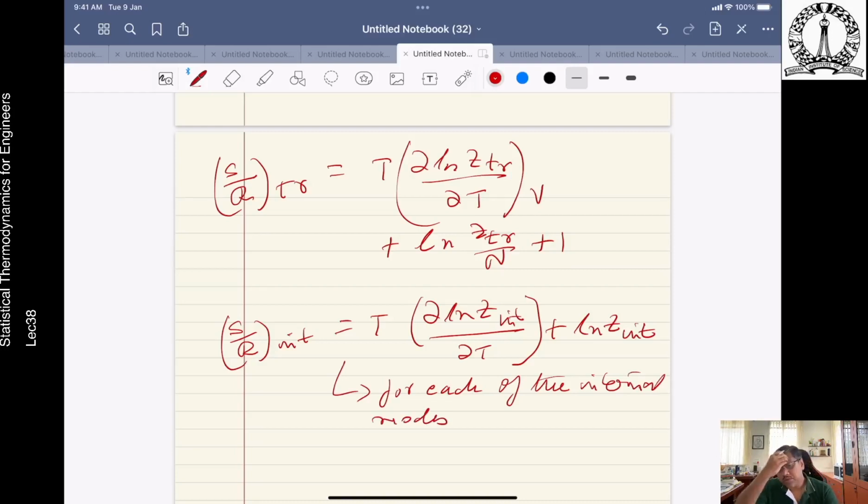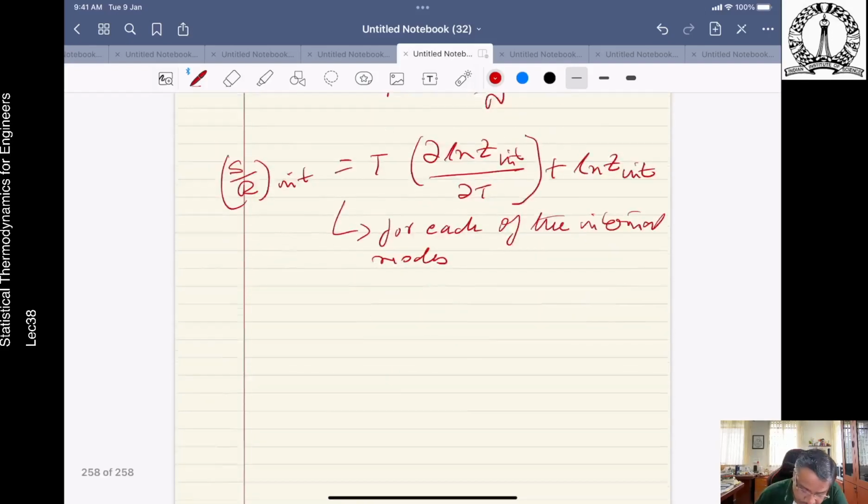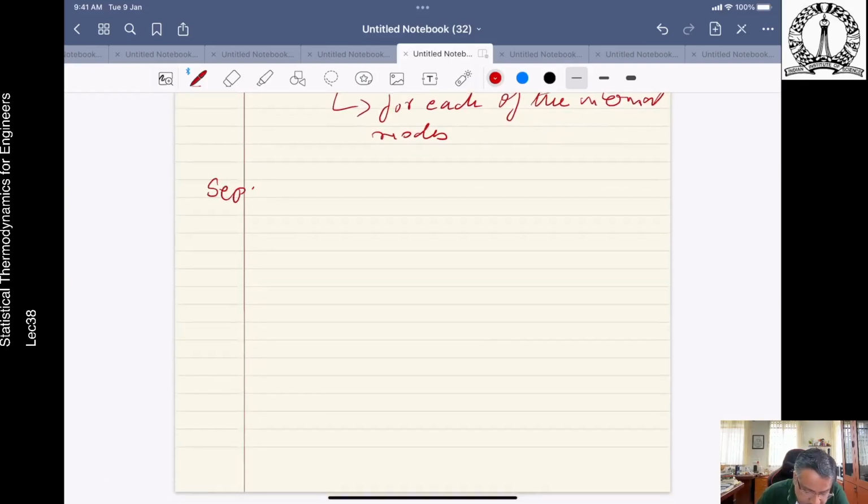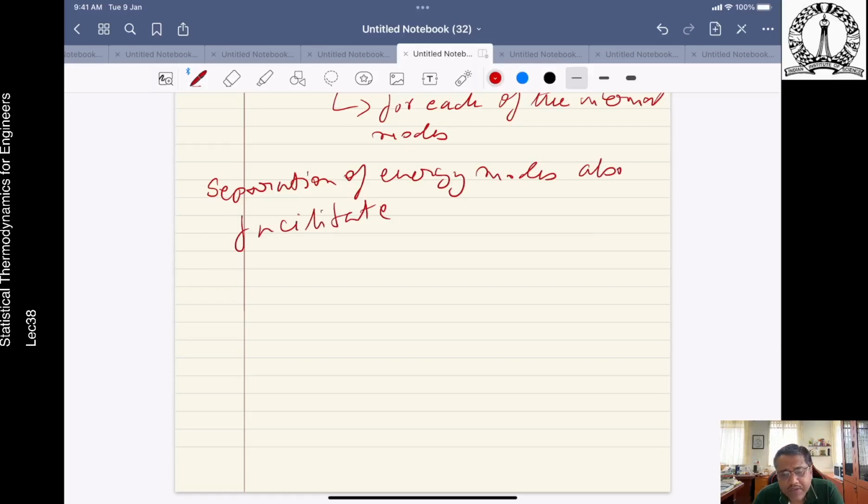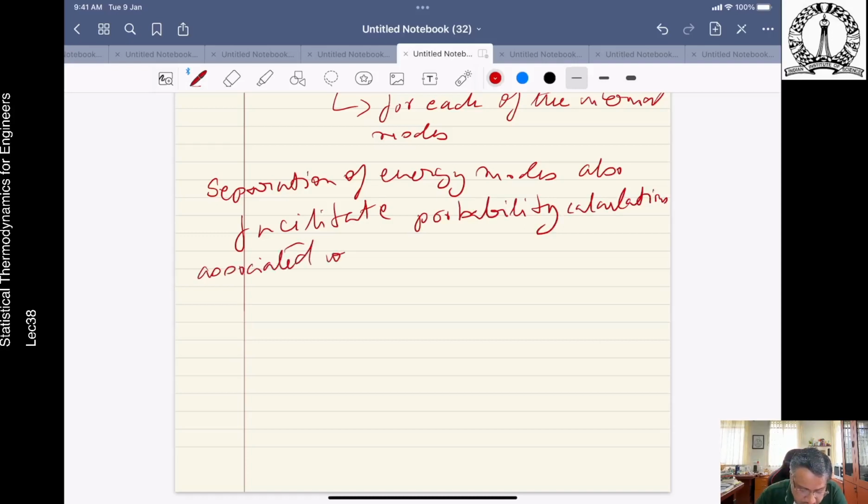Separation of energy modes also facilitates probability calculations associated with statistical thermodynamics.